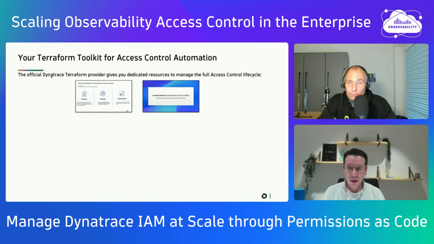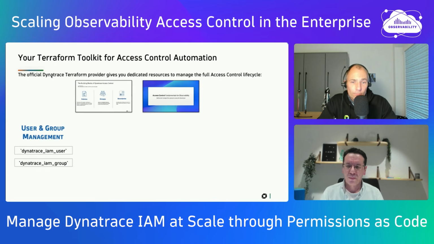More specifically about the Dynatrace Terraform provider, I call it toolkit, but it's a provider which implements a number of Terraform resources which target both the Dynatrace platform, your environment resources, as well as the account management, which is what we talk about today, obviously, for access control.